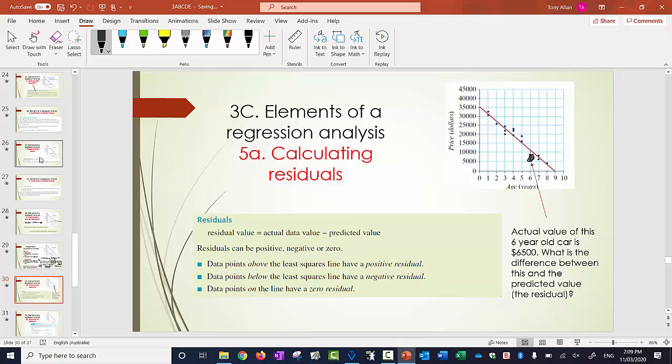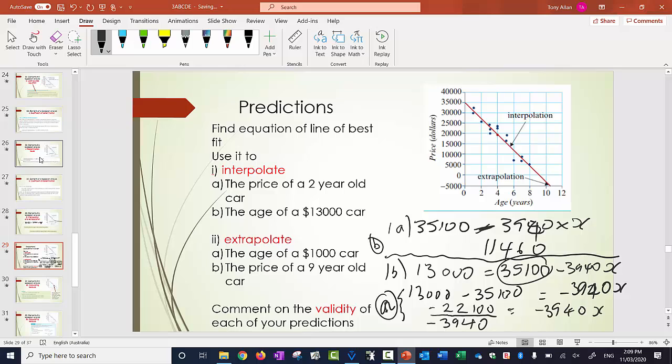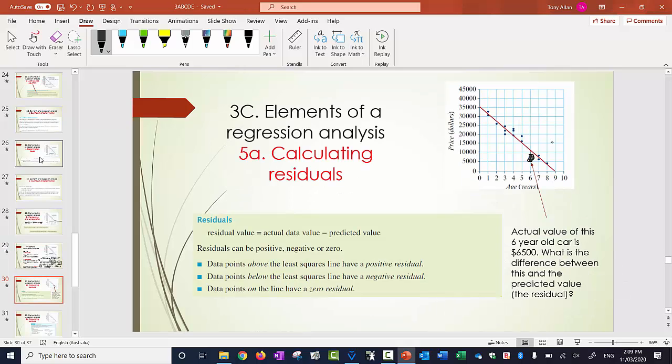But what is the predicted value? Well, I think we worked it out on the previous slide. It was 11,460. So we've got 11,460 there, and we've got 6,500 there.